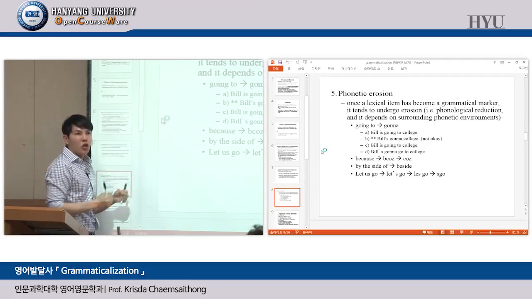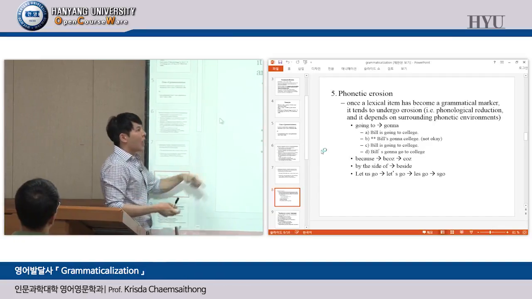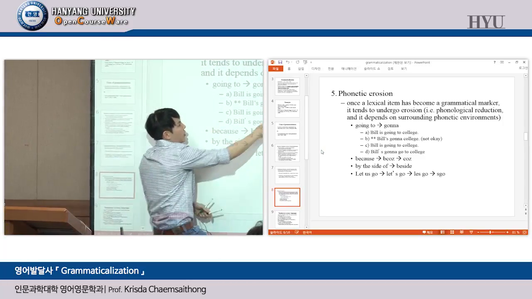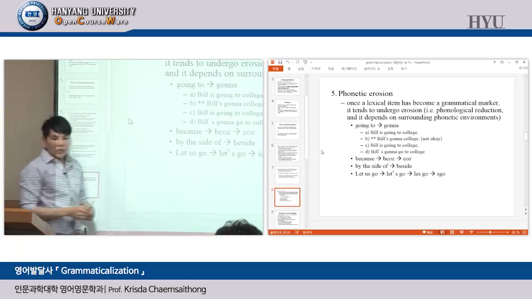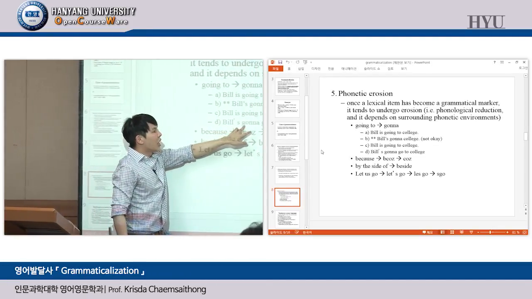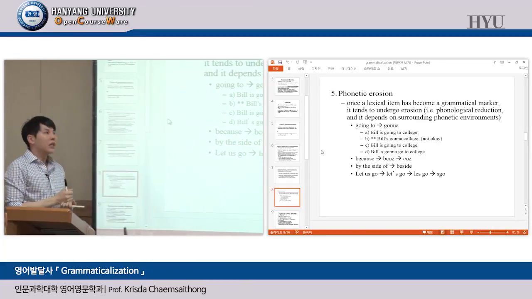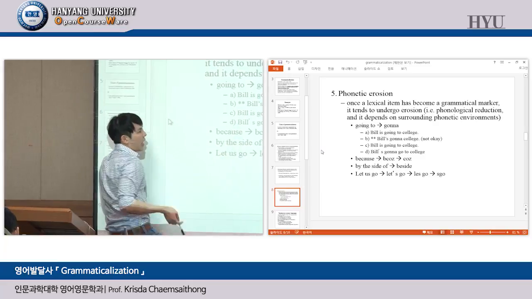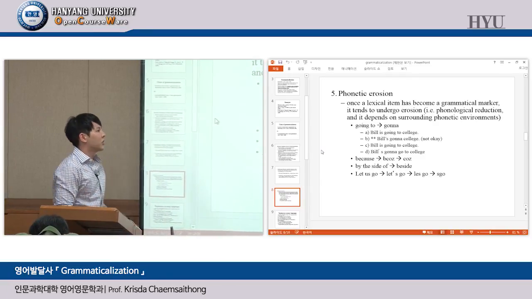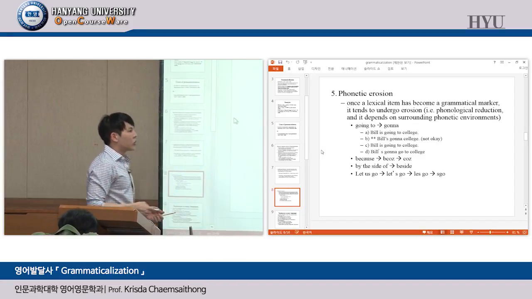Bill is going, this is a real verb, a real verb in the present progressive. However, when you have Bill is going to go to college, you can say Bill's gonna go to college, because gonna there, in number C, is grammatical. Bill's going to go to college.